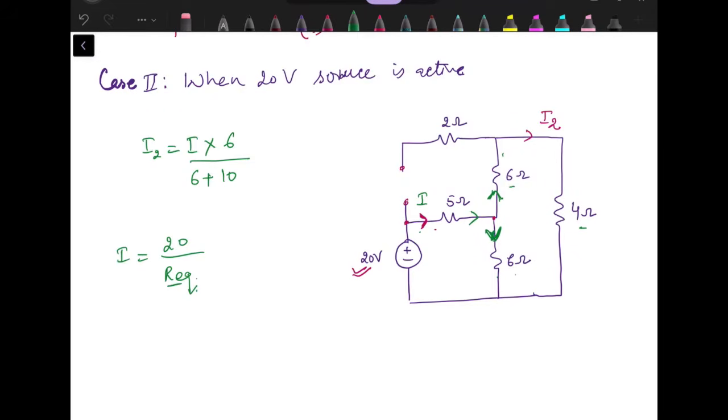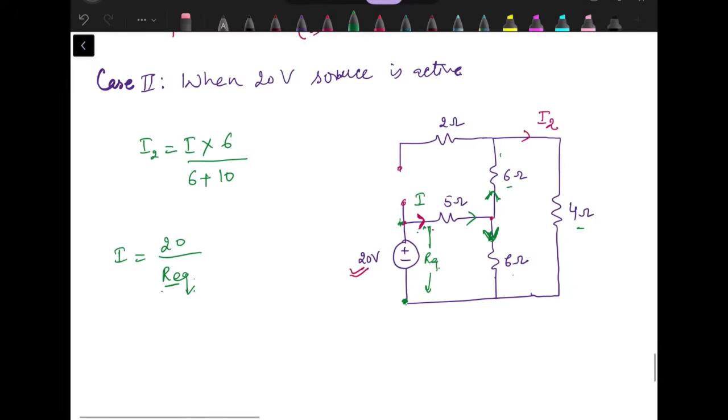Now what is this R equivalent? This R equivalent is the equivalent resistance seen from the 20-volt source terminals. So if you want to find the equivalent resistance between these two terminals, we have to start from the opposite side. Then how are they connected? 6 and 4 are in series. So that 10 ohm is in parallel with 6.